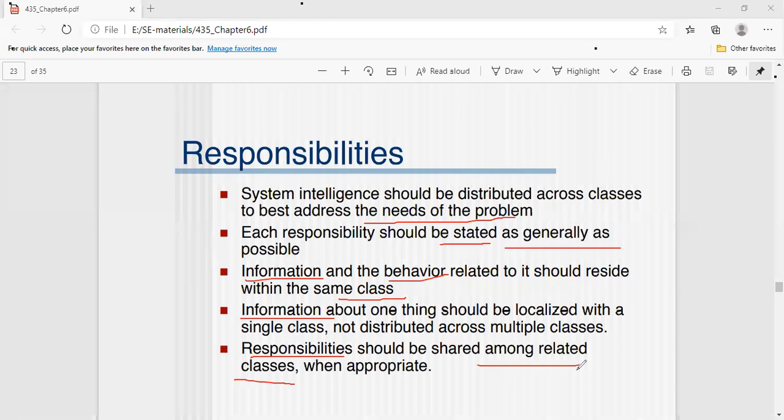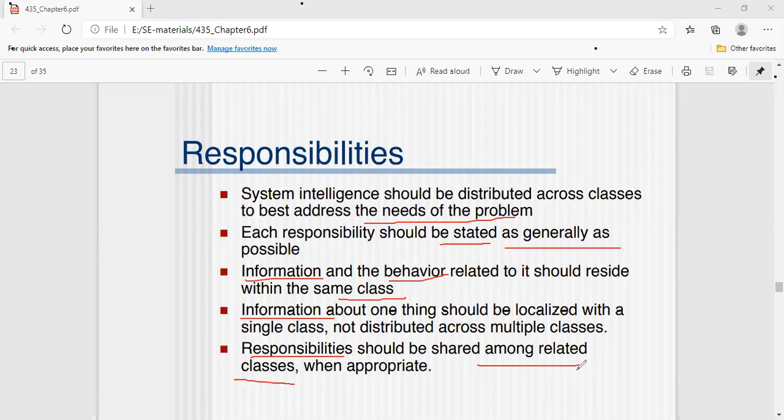So now we are discussing that particular topic, class responsibility collaborator. What are we going to collaborate here? The responsibilities of a class or the responsibility of a project.